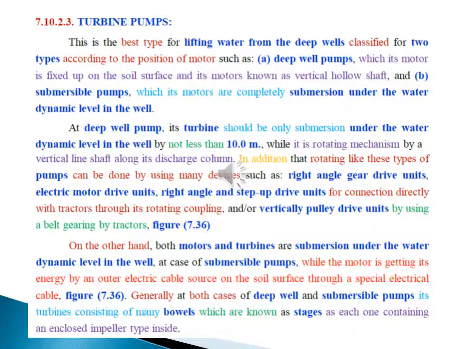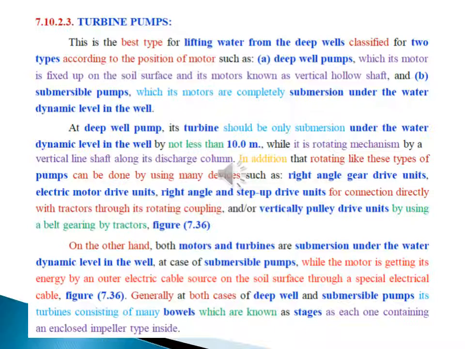Turbine pumps are the best type for lifting water from deep wells, classified into two types according to the position of the motor: the deep well pump, whose motor is fixed on the soil surface and is known as a vertical hollow shaft motor, and the submersible pump, whose motor is completely submerged under the water dynamic level in the water well.